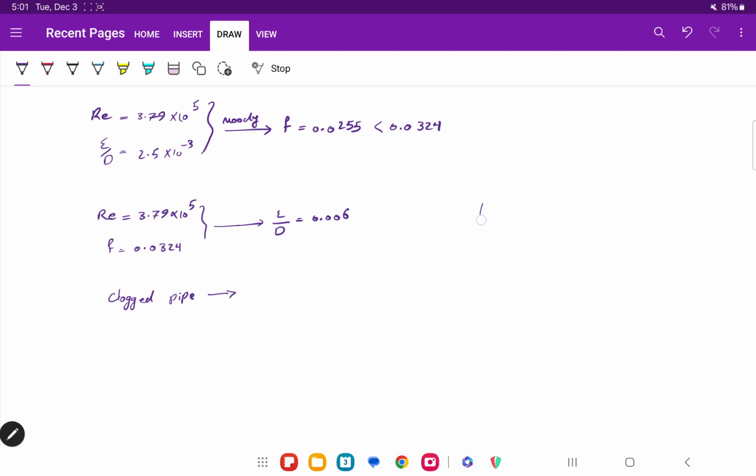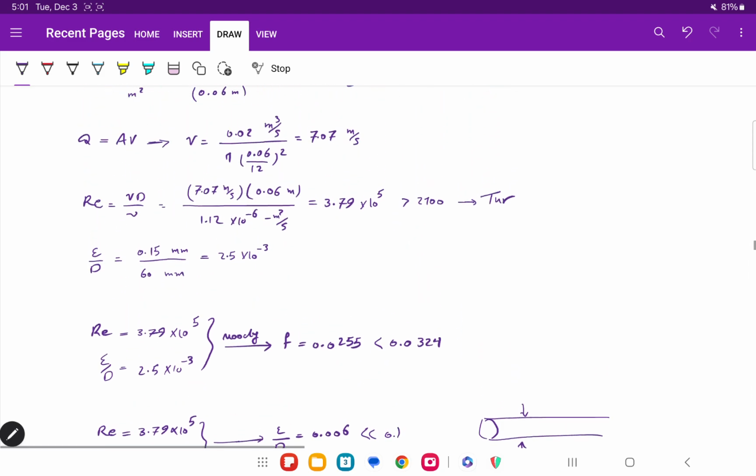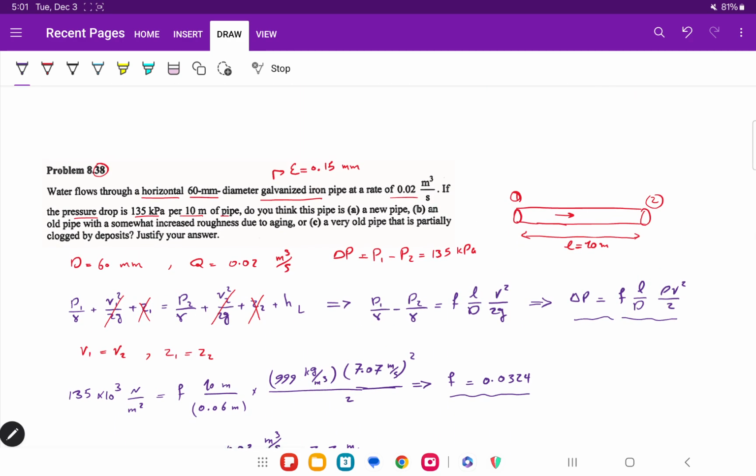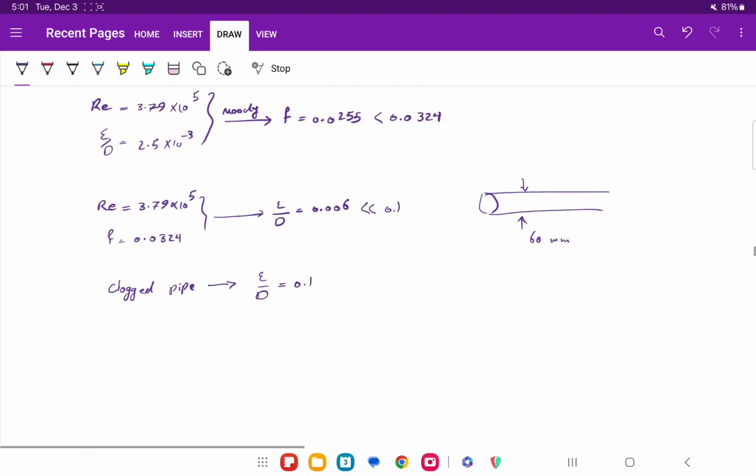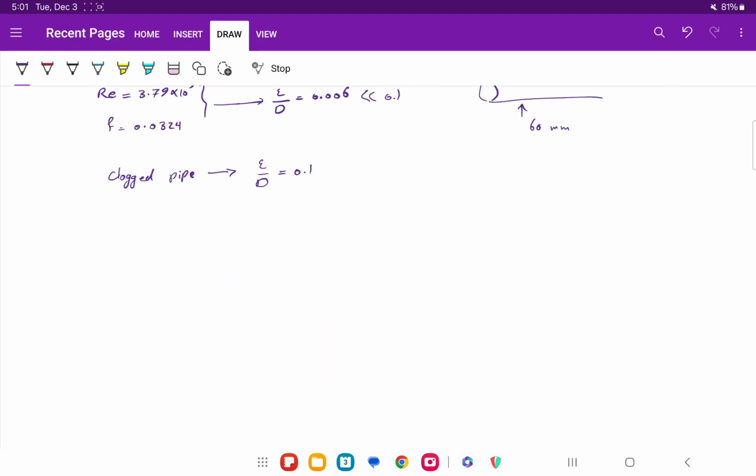For example, with a pipe diameter of 60 millimeters, if the pipe is clogged, the epsilon over d should be near 0.1 or something. So it's smaller than 0.1. So the answer is B, an old pipe, not a very old pipe. I think I mentioned a very old pipe, but it's not true. It's just an old pipe.